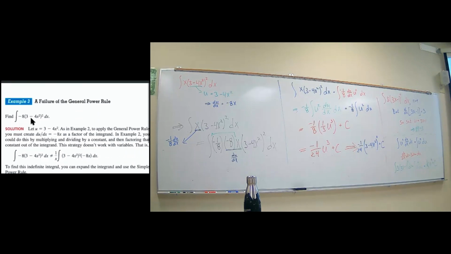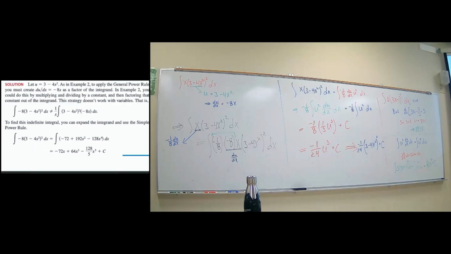Instead, what we would do here is we'd say, all right, well, let's expand this out. Let's first FOIL this, then multiply by -8. Then we can integrate. And that's what we do here. We FOIL out this term, then we multiply by -8, which makes sense because we would have 3 times 3, that's 9, times -8, that's -72.